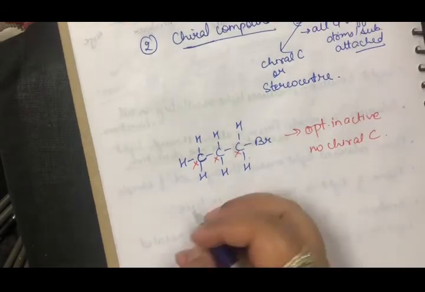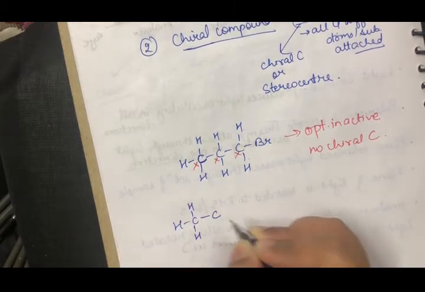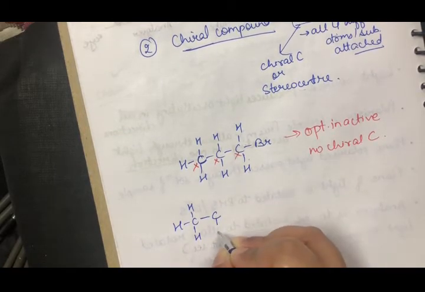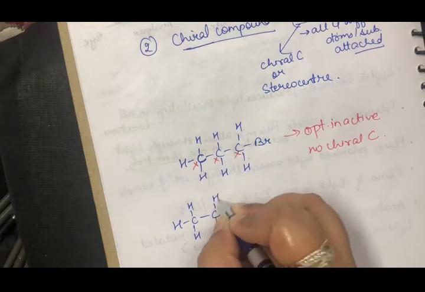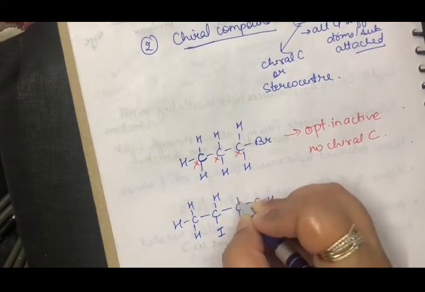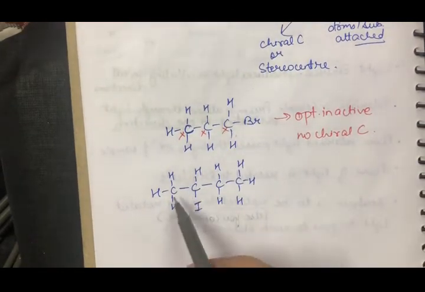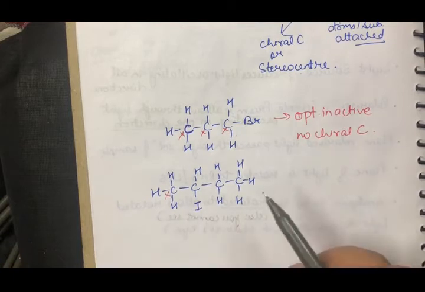Similarly, if I say I have a compound like this, let's put iodine. Now again, let's look for a chiral carbon here. This carbon has 3 hydrogens same. It cannot be chiral.